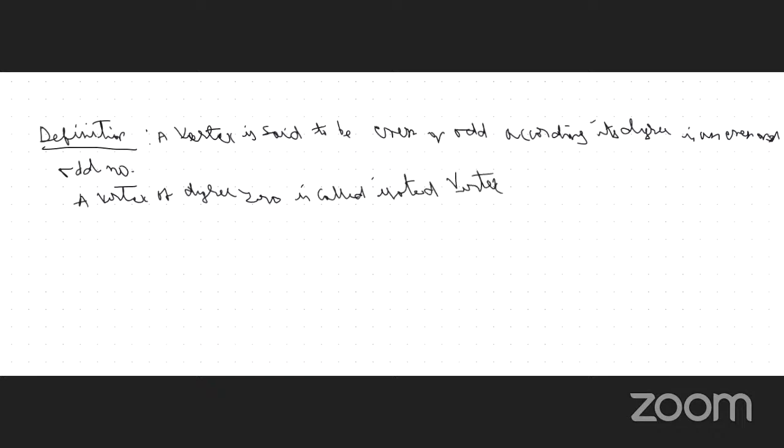Consequently, an isolated vertex is not adjacent to any vertex.